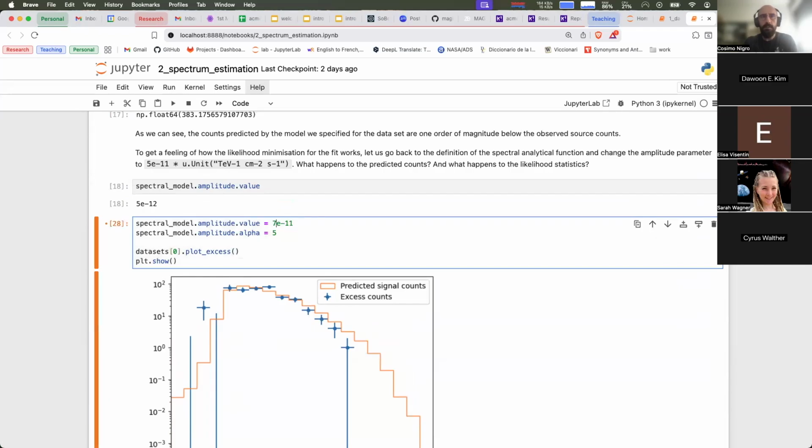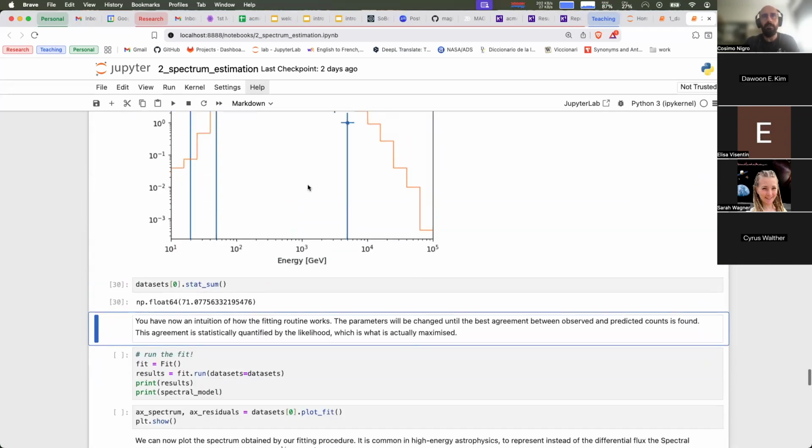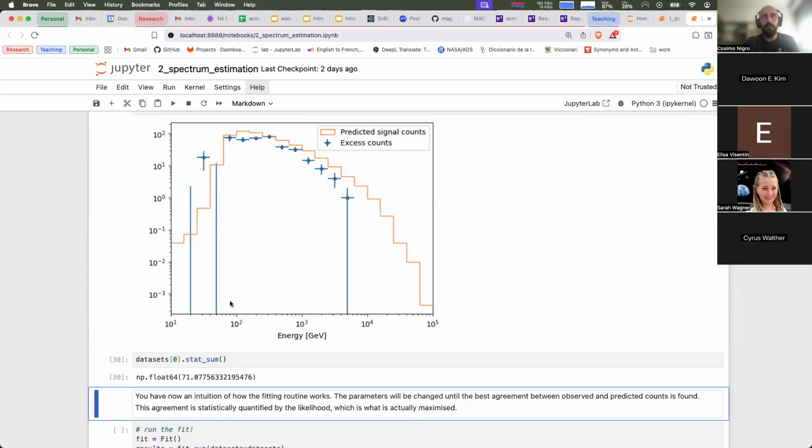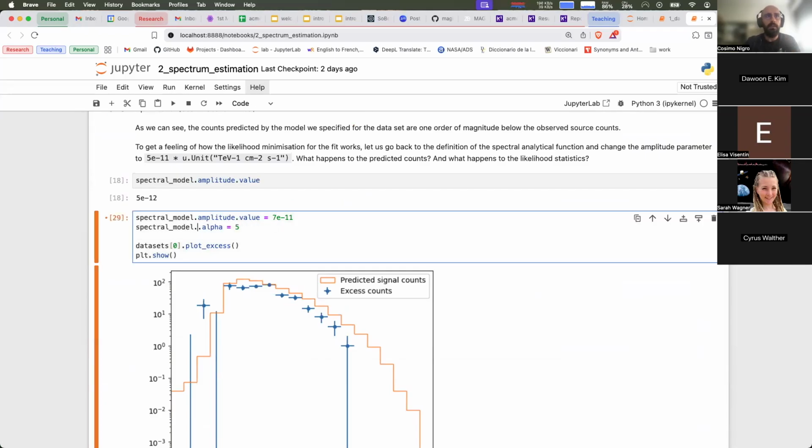Let's change this, for example, to 7. Yeah, I'm starting to overshoot the counts, as you can see. So you can see also which parameter has more impact. So if I change the amplitude, sorry, that was the problem, alpha.